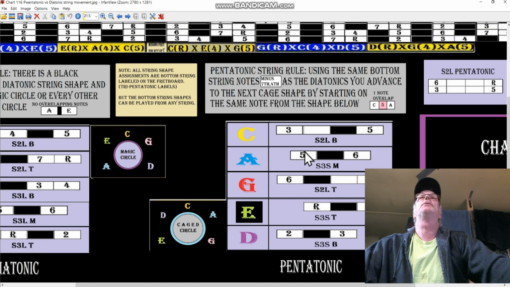Okay, now I'm not sure that's the way it is for pentatonic, and it goes along with the cage circle. But you can do magic circle pentatonic transitions, they're just not going to be cage transitions.